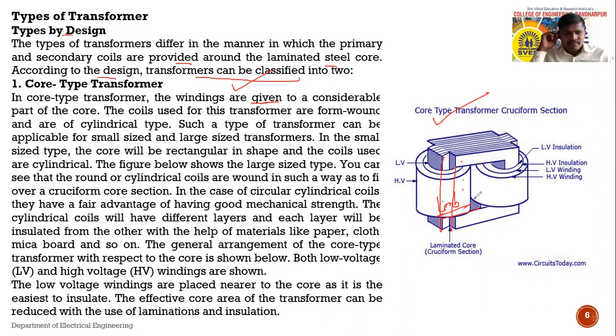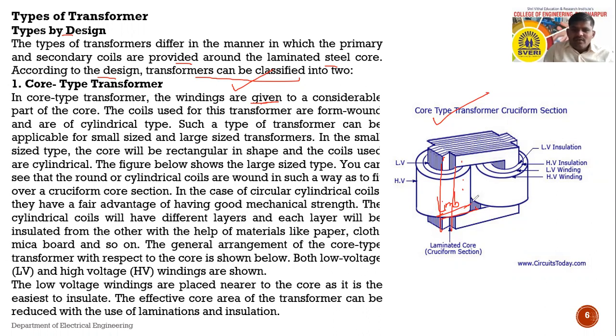See, in case of core type transformer, the winding encircles the core. Do you understand my sentence? Winding, or some portion of the winding, is encircled by the core.